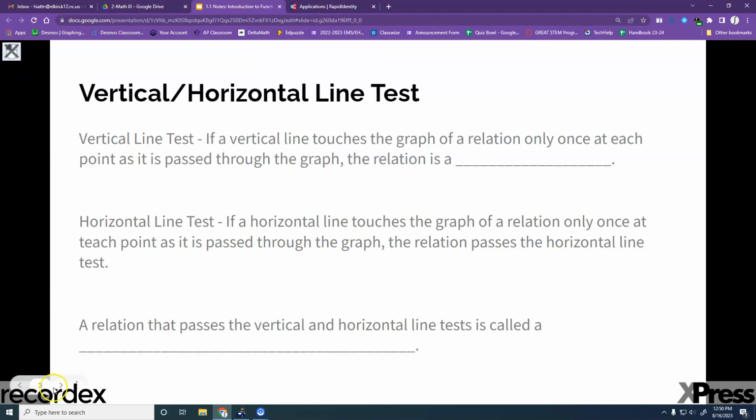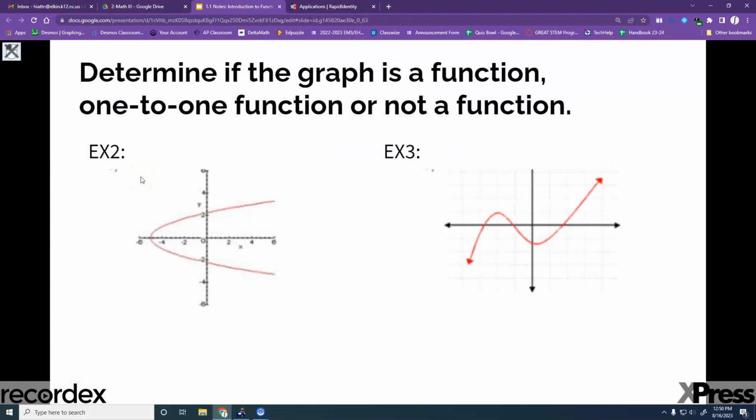So we go to the next slide here, and where'd my vertical line go? All right, so you're going to take a vertical line, any pencil, work, finger, whatever. You're going to pass it through. If it hits at more than one place, as it is doing here and here and here and here, then that is going to be not a function.